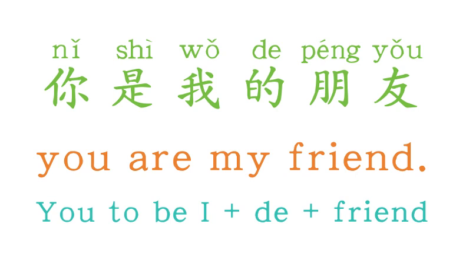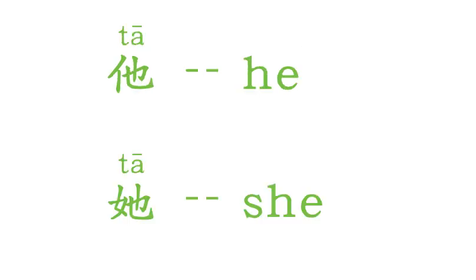Okay, so now let's learn more pronouns. So, how to say he and she in Chinese? Very interesting. The pronunciation of he and she are exactly the same, although their writing is a little bit different. So, he or she in Mandarin Chinese are both pronounced as tā.